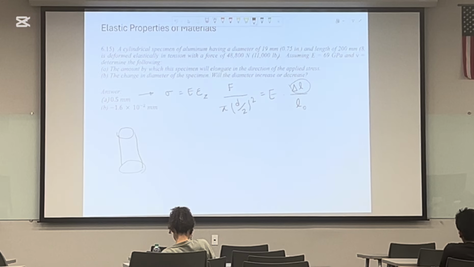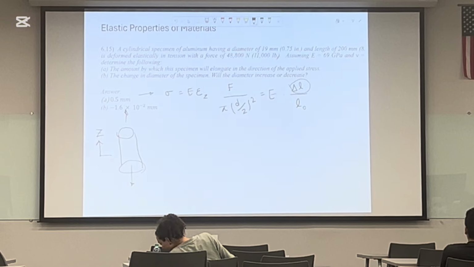But just to show you like this. So if this is our cylinder and this is the direction of the tension, we take this direction as direction z, but right now we want to calculate the strain in the xy plane.